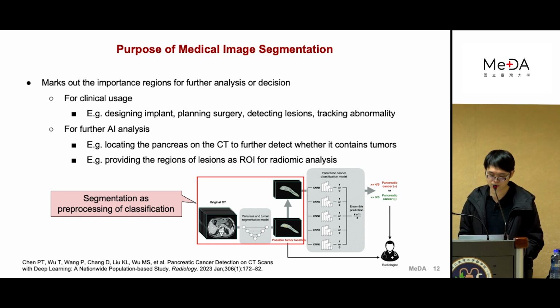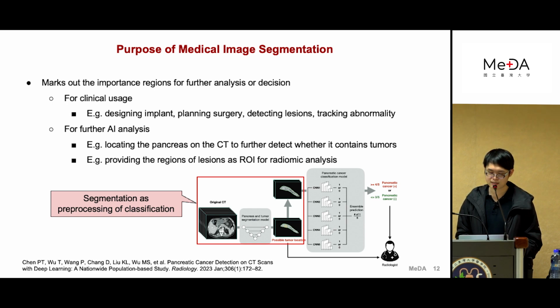In our previous work, we used segmentation as a pre-processing step for classification. This framework can be used to detect whether there is pancreatic cancer in CT.